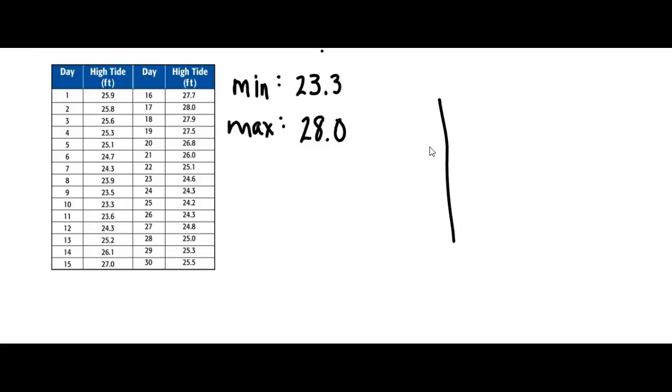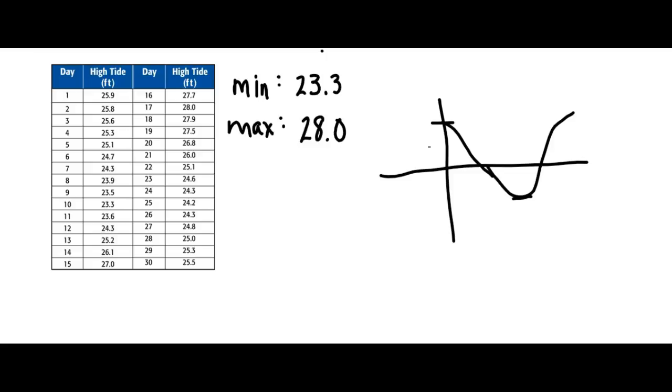So we can choose a sine or a cosine function, but let's just draw one here. I'll draw a cosine function. Note that the amplitude is essentially going to be half the distance between your maximum value and your minimum value.